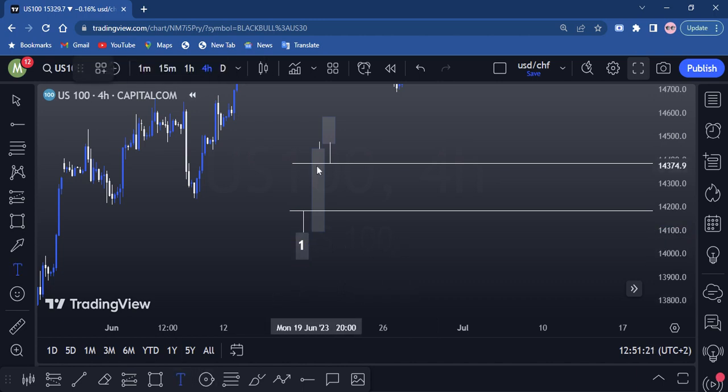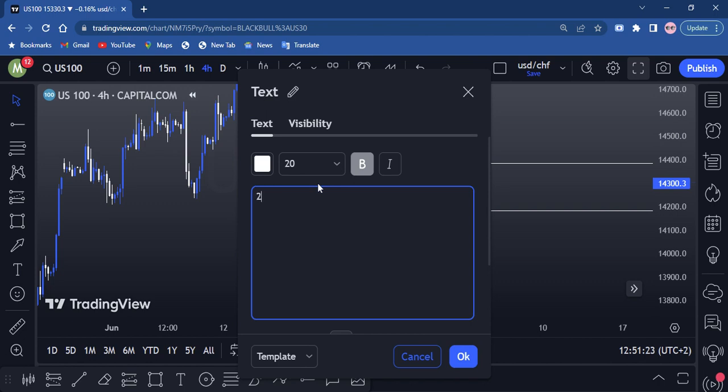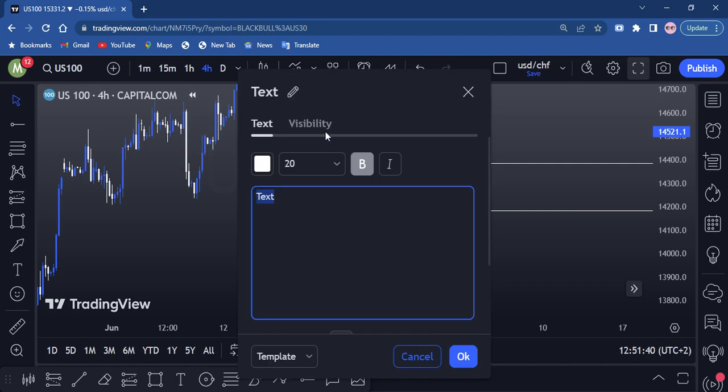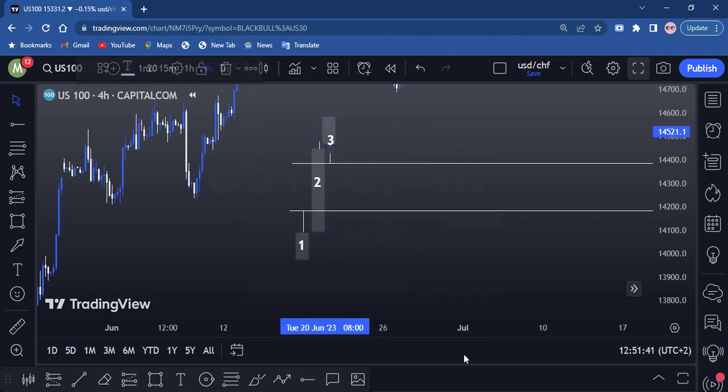Then we'll have candle two. So it has to happen between three candles, right? And it has to leave a gap between the wick of the first candle and the wick of the third candle. Then we have imbalance or fair value gap. You can call it imbalance or fair value gap, right? So that's candle number three.